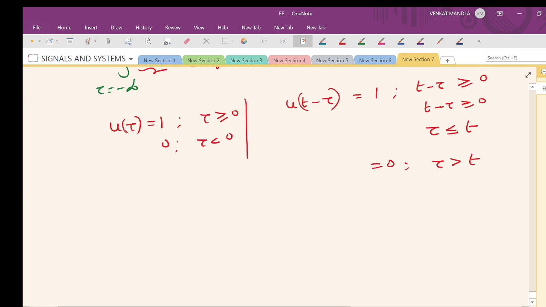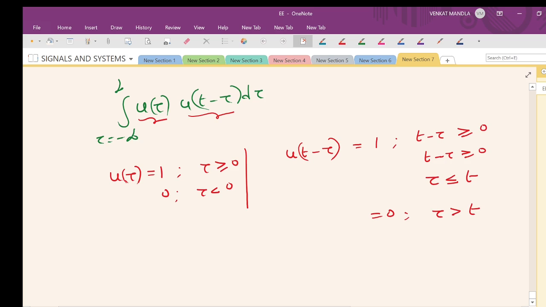So the tau limits: tau should be greater than or equal to 0, otherwise the first signal is 0, and 0 multiplied by anything is 0. And tau should be less than t, because if it is greater than t, the second signal becomes 0.